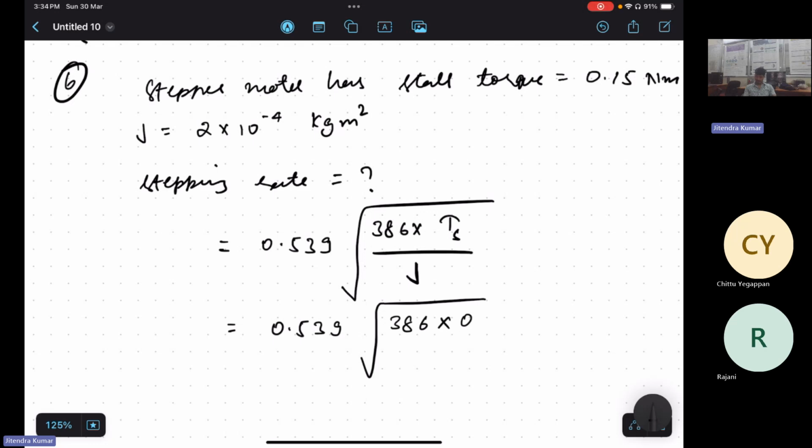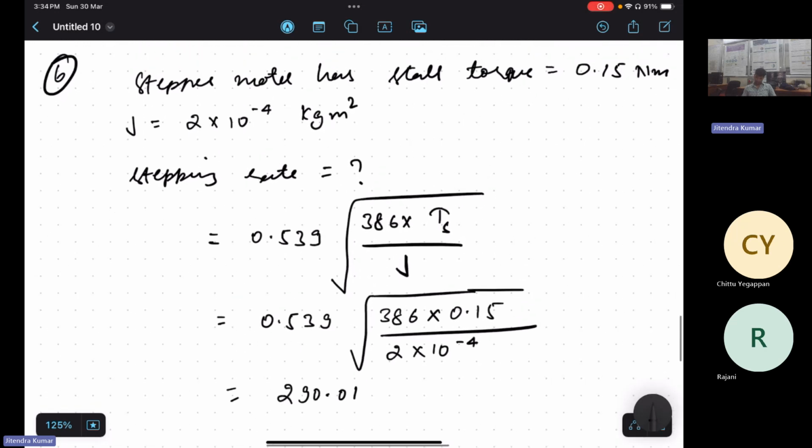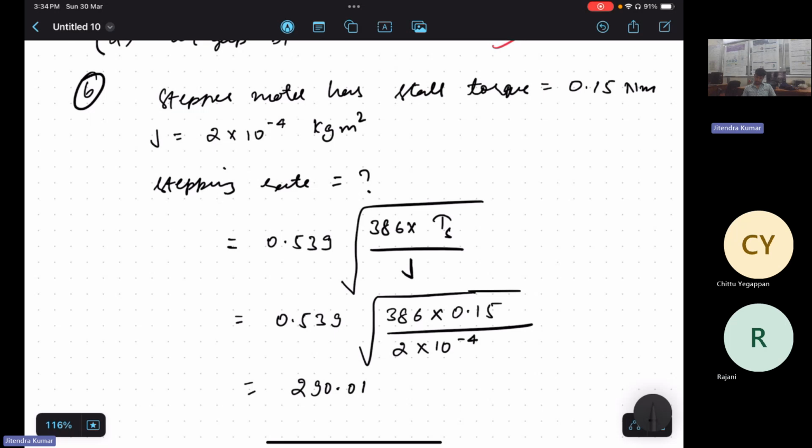So stall torque is 1.5 divided by 2 into 10 to the power minus 4. 290.01. So this is the stepping rate of a stepper motor, based on a stall torque, which is much higher than the normal torque.